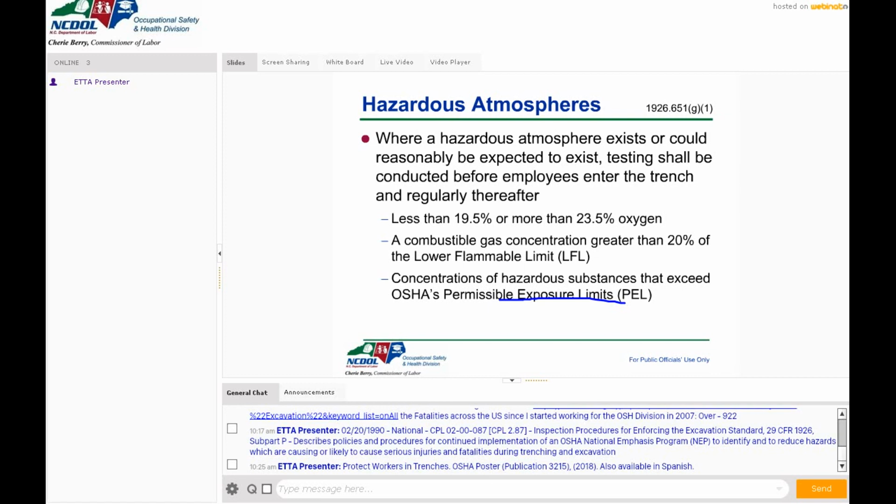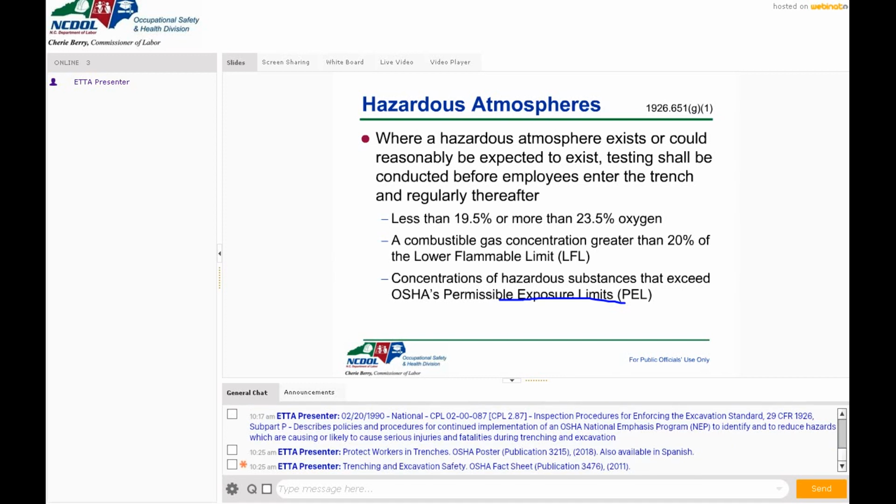It's something that can help you remind people of things. And there's a fact sheet dealing with trenching excavation as well. I'm providing this information so you can use it to tell your folks about. And that publication guide for trenching excavation safety is actually 3476. And it's a good guide to be able to use. And it gives you this information in there.